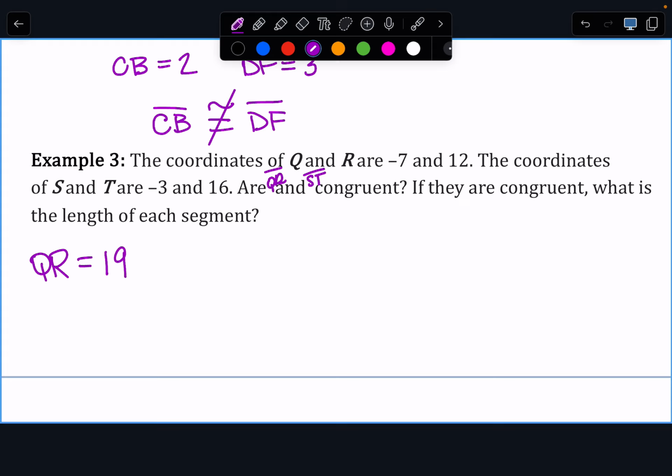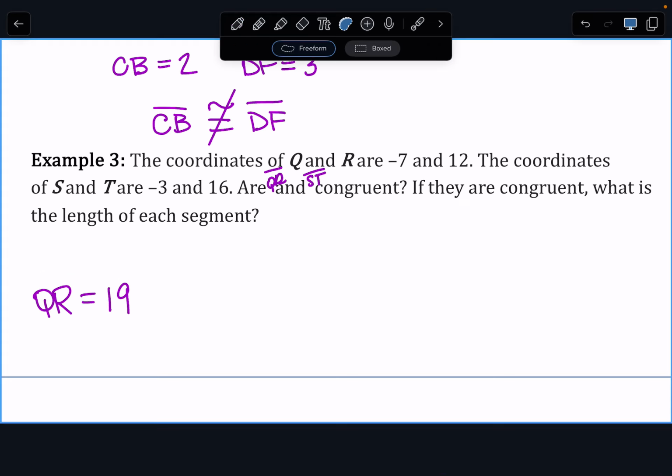Samuel, how did you get 19? Can you talk me through that? You put both in the absolute value, but the 12 first, because it's bigger, and then minus the other. Okay, so 12 minus negative 7 is 19.